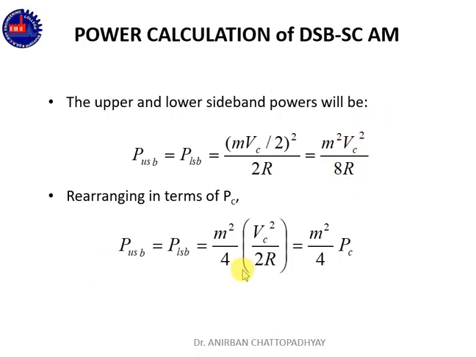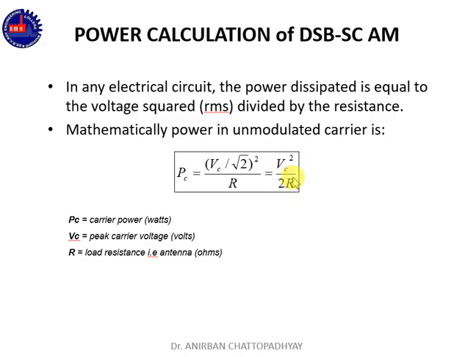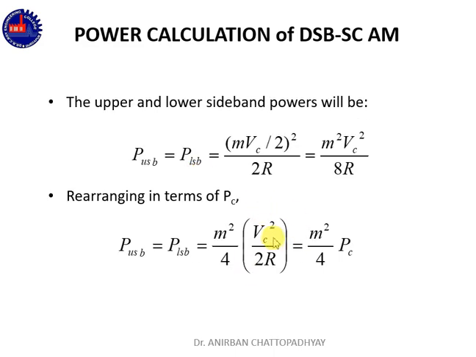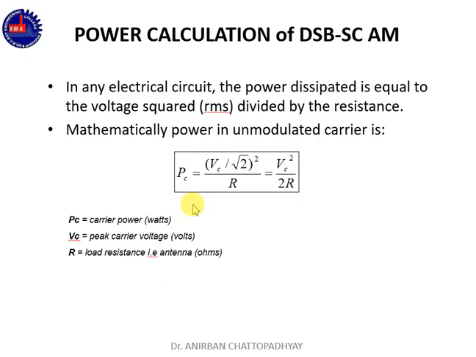We can also rearrange this equation as ma square by 4 Pc, because Vc square by 2R we already know is nothing but Pc. So we directly replace Vc square by 2R with Pc, and ma square Vc square by 8R becomes ma square by 4 into Pc. So this is the individual power of each sideband, and this is the power requirement of the carrier signal.